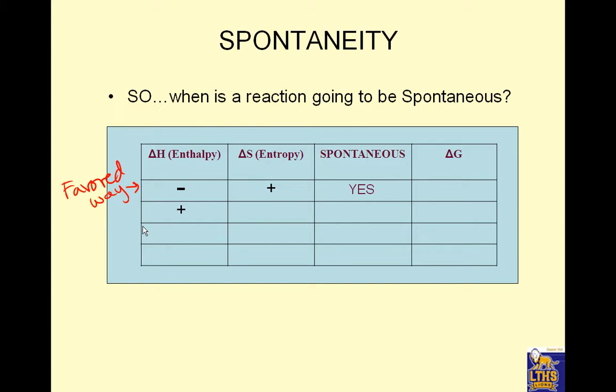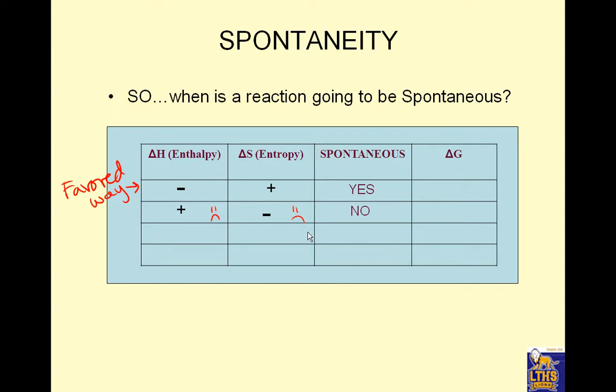Some reactions are endothermic. That's positive delta H. I said exo, I meant endo, my bad. Some reactions decrease in entropy. So if this were the case, this would not be favored. Nature doesn't want endothermic. Nature doesn't want decreased entropy.